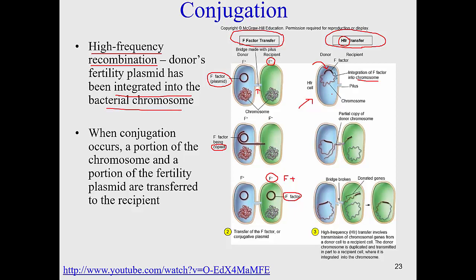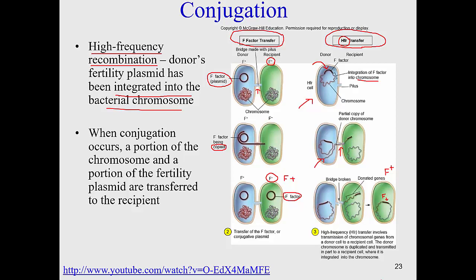So now, in this case, look what's happening. The pilus is forming right there, and the chromosome is copied, and the copy here slips through, goes over there into the second one, and reforms again. So this cell is now with the F factor inside its chromosome.